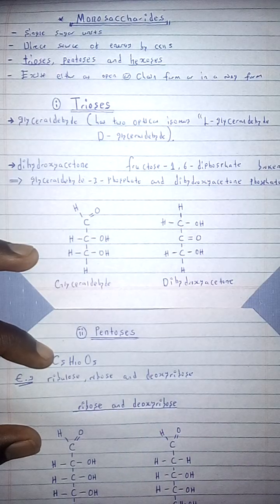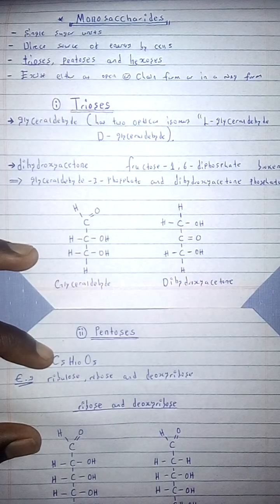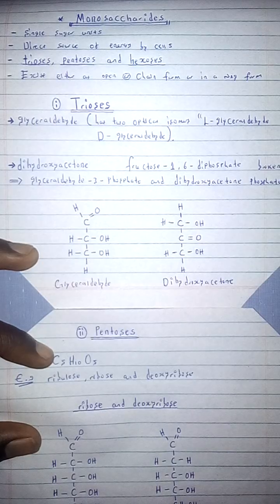More like it's lacking oxygen. Because here on carbon 2 there is oxygen, but here it doesn't have oxygen. That's the reason why it's called the deoxyribose sugar, right? Well, this is ribose and this is deoxyribose.